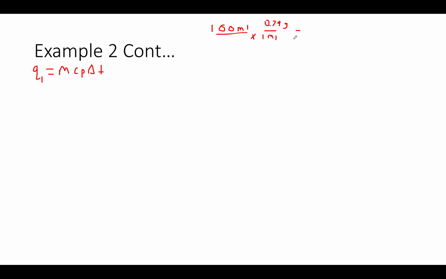So we have 79 grams of ethanol. So our mass for Q1, 79.